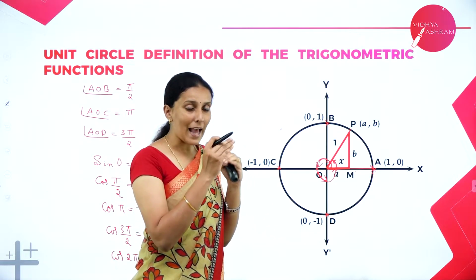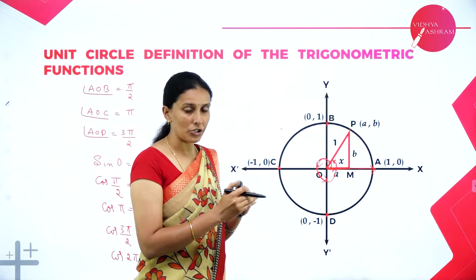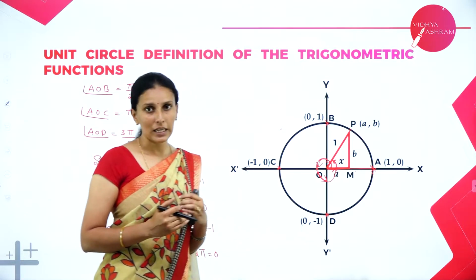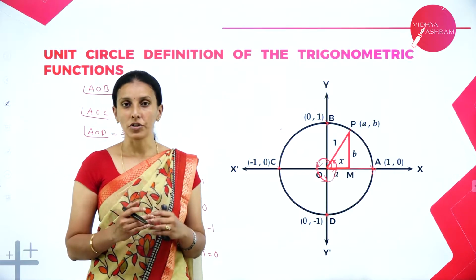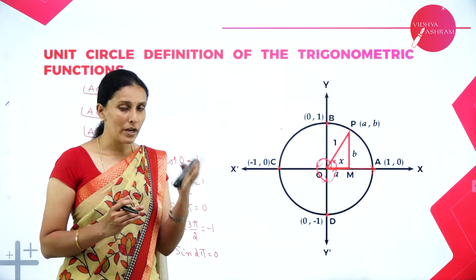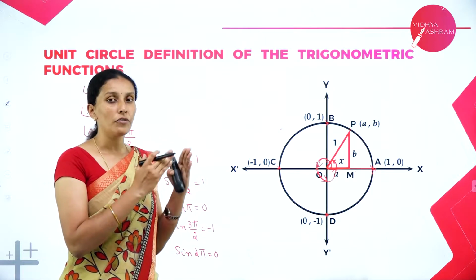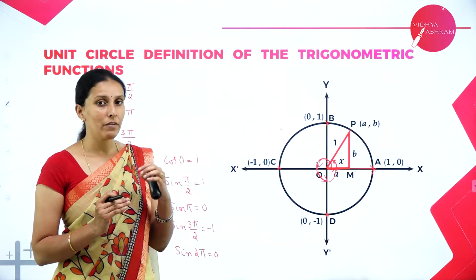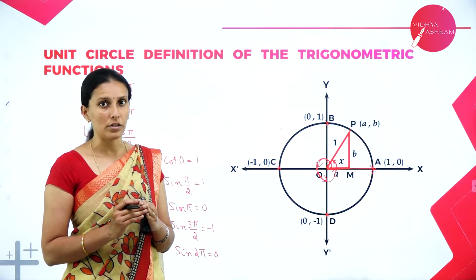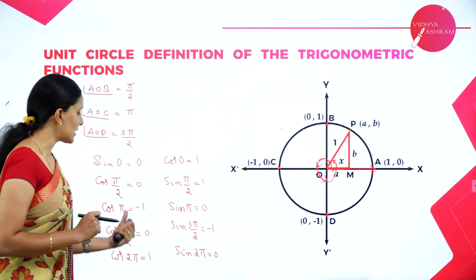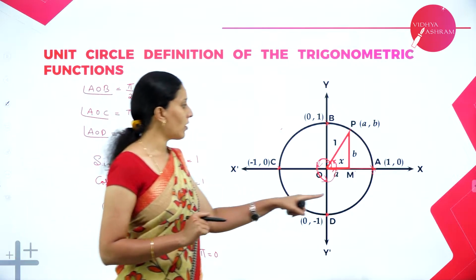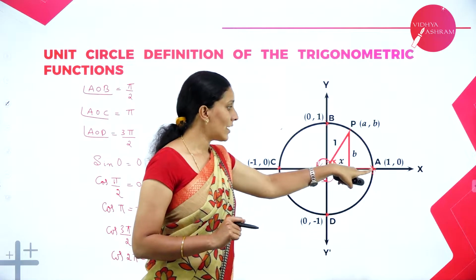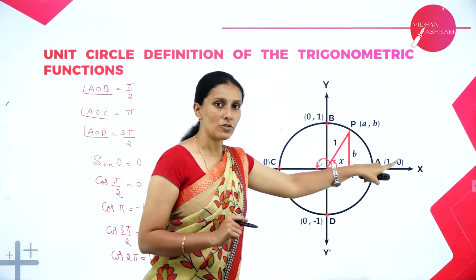Hence, for many angles the values of trigonometric ratios will repeat. That is nothing but all trigonometric functions are periodic. After 1 complete revolution, the values of the trigonometric functions will go on repeating. That is why we call it a periodic function. So when you consider the sine function here, sine is periodic after 1 complete revolution, because you can clearly see sine 0 is 0, sine 2 pi is also 0.